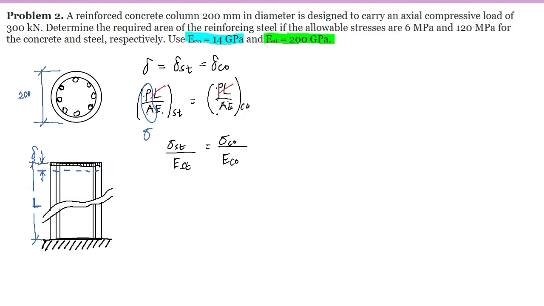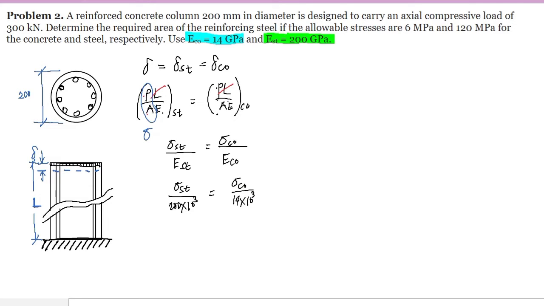Since the modulus of elasticity of the steel is 200 GPa and the modulus of elasticity of the concrete is 14 GPa, then we would have here the stress in steel over the modulus of elasticity of steel, that's 200 times 10 to the 3, equal to stress in concrete over the modulus of elasticity of concrete, that is 14 times 10 to the 3.